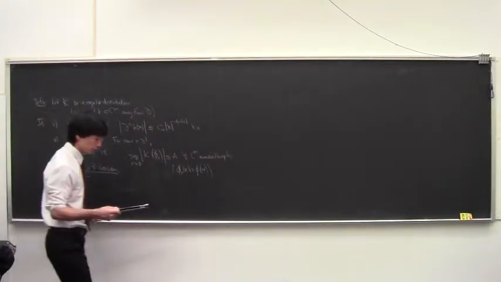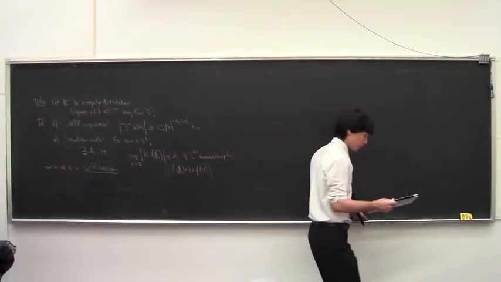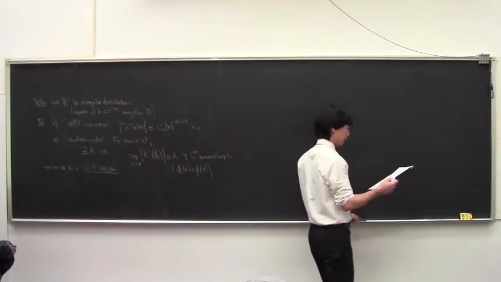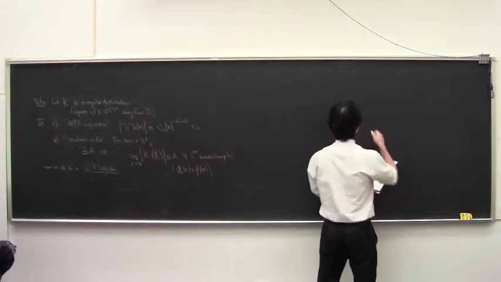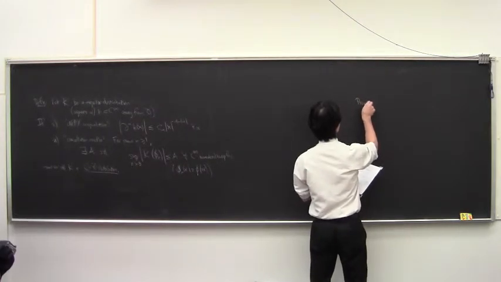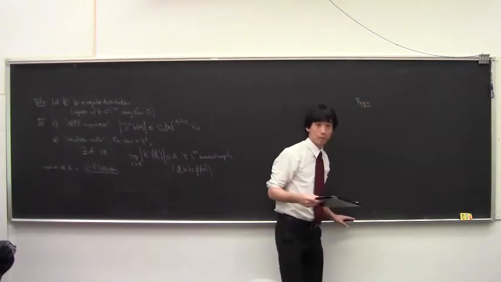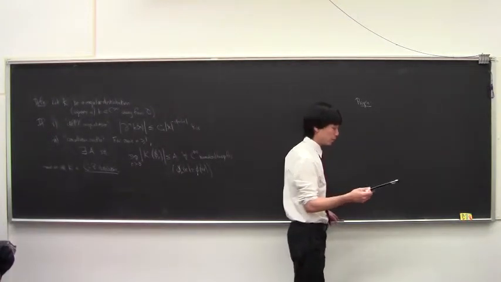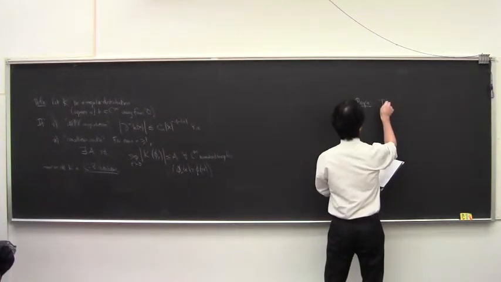And so we're going to need the useful proposition, which will be this one: a bunch of conditions that are equivalent to being a Calderon-Zygmund distribution.